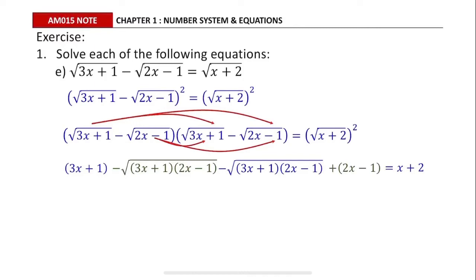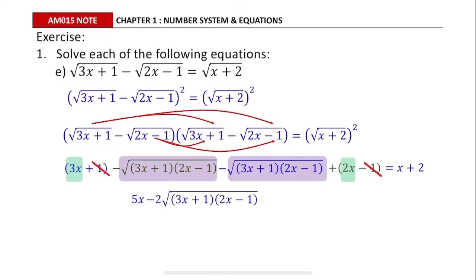So now we simplify this equation on the left side first. 3x plus 2x equals 5x. 1 and negative 1 can be cancelled out. The only terms left now are the surds. Since they are the same, we can simplify it to negative 2 square root of 3x plus 1 multiplied by 2x minus 1. And the right side remains the same.